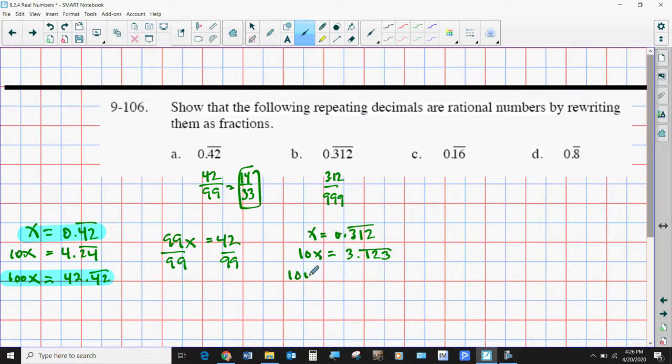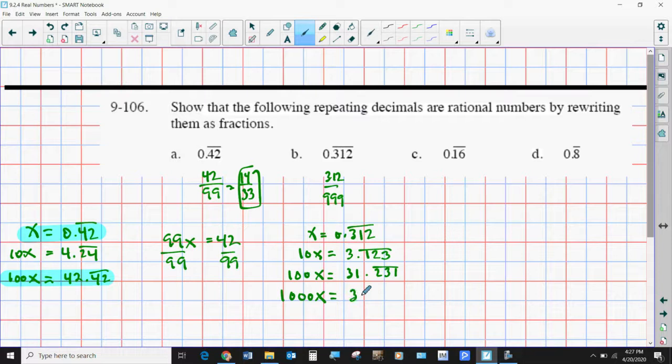If you multiply it times 100, that moves your decimal 2 places to the right, which means it's going to be 31.2 repeated. And then when you multiply times 1,000, this is your first opportunity to have the repeating portion of your decimal match up perfectly with the original 0.312 repeated.